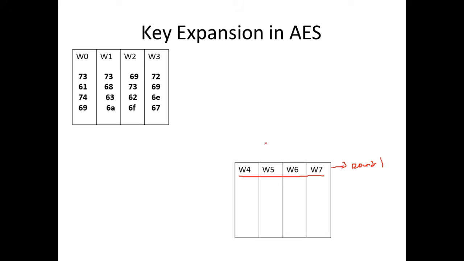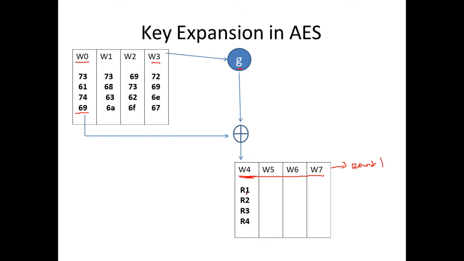So for that, what we have to do is we have to take W3, pass it to a function G. So G uses W3, does something to it, and the output of G will be XORed with W0, word 0, and that will become word 4. So you take word 0, you take word 3, pass it to G, the output is XORed with word 0, you get W4.